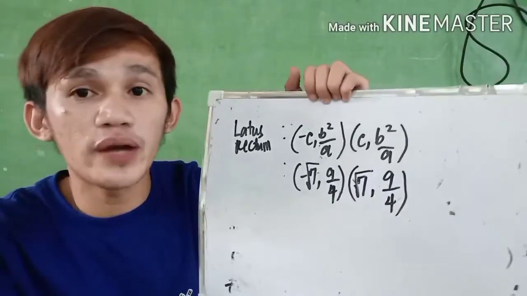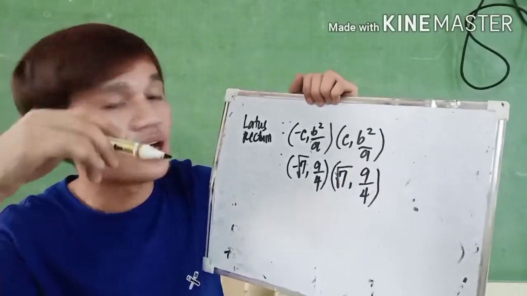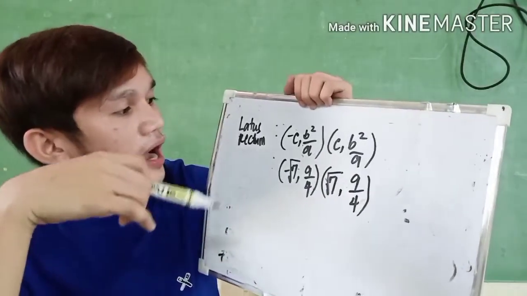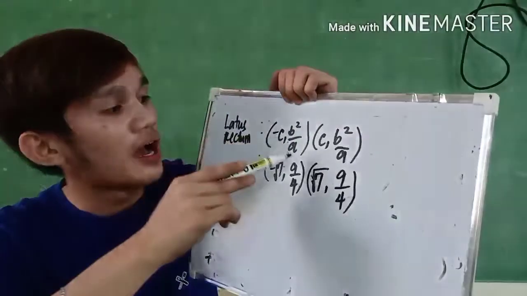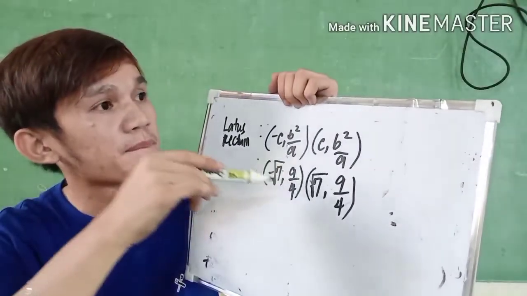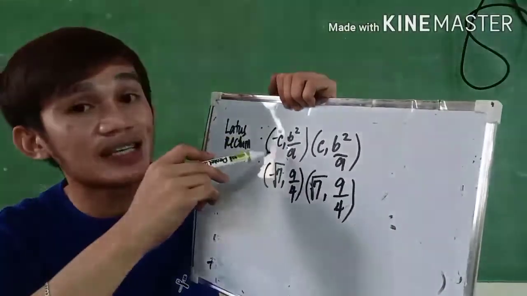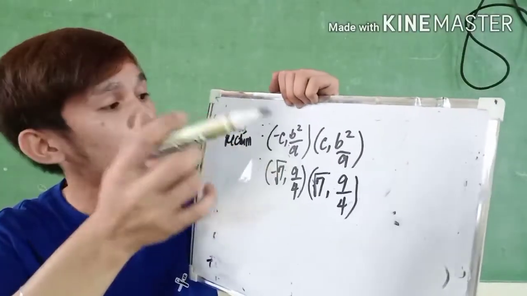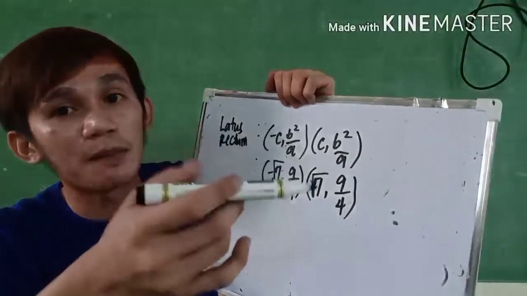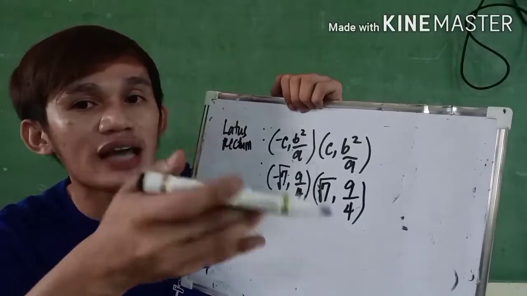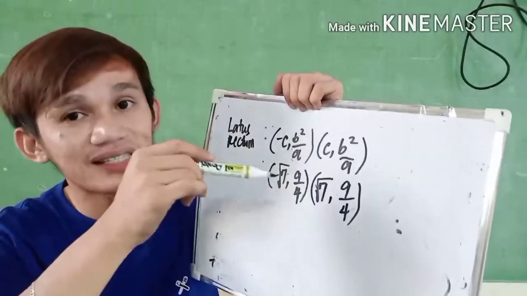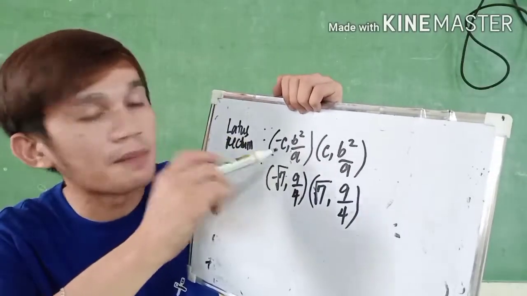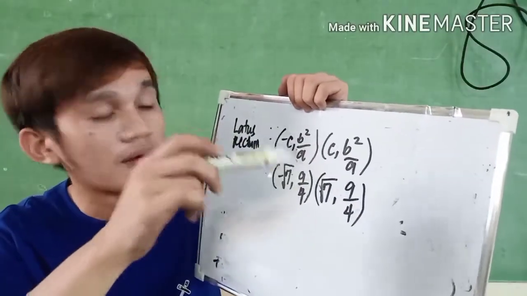Now, for the latus rectum naman, di ba, kanina, ang may given na mas mataas na denominator is yung y, kaya ang may c natin is yung y. Ngayon, ang mas may malaking denominator dun sa ating example is yung x. So, yung x ang magkakamero ng negative c or ng positive c.